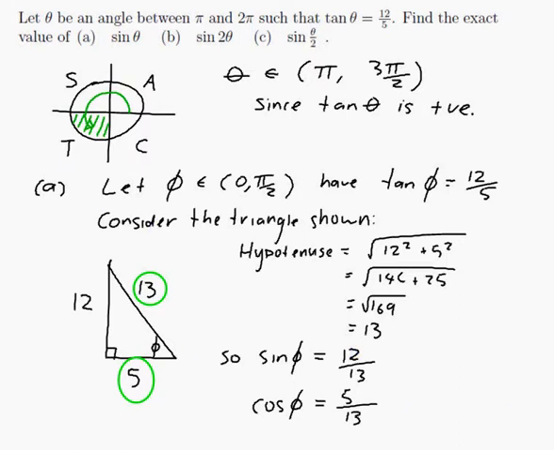Hopefully I'll be able to use those to figure out what sine and cos of theta are. We do that by just figuring out where theta is, because the numbers will be the same. We'll just have possibly different plus or minus signs in front. Theta is here in this quadrant where only tan is positive. So we are able to figure out what sine and cos of theta are by just making them negative, because sine and cos are negative in this quadrant.